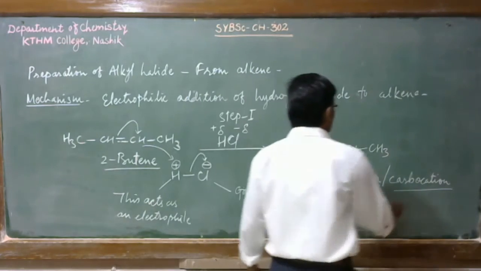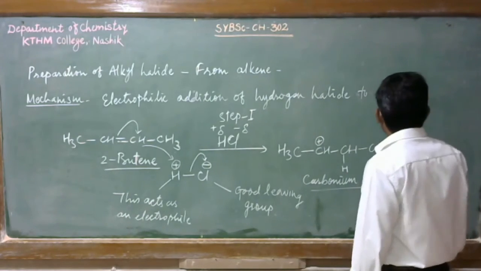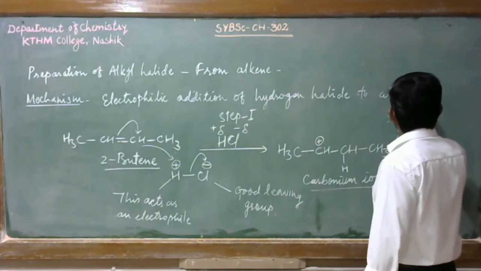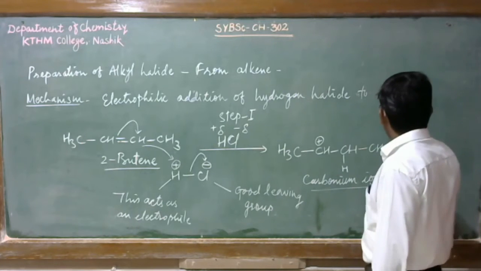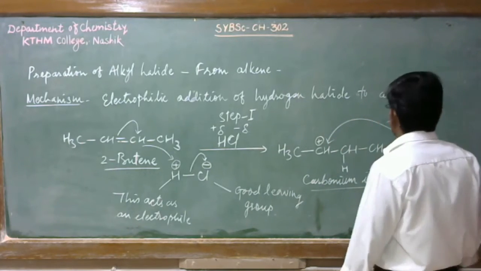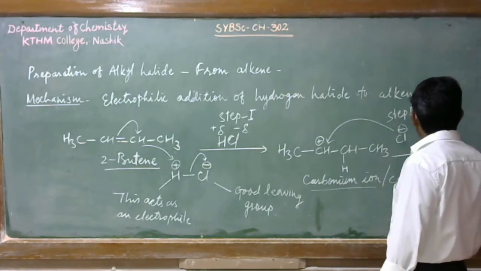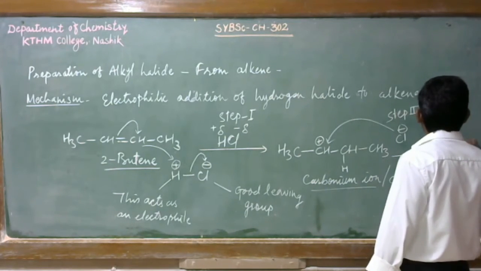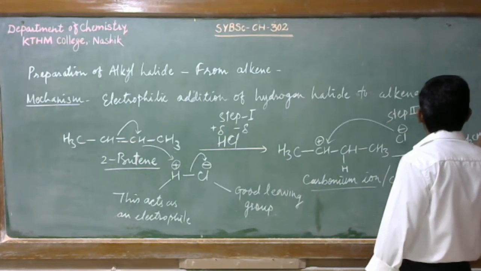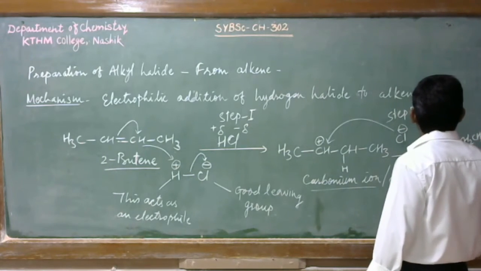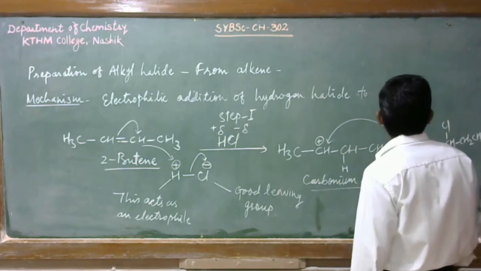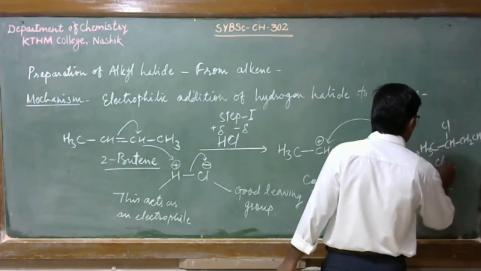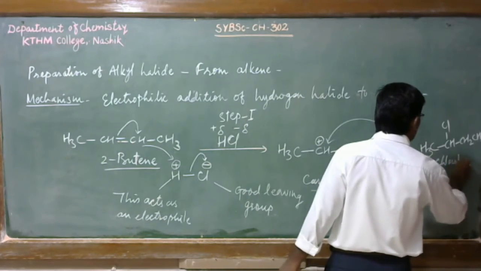In step 2, this chloride ion will add to this carbocation, and we get this product, 2-chlorobutane.